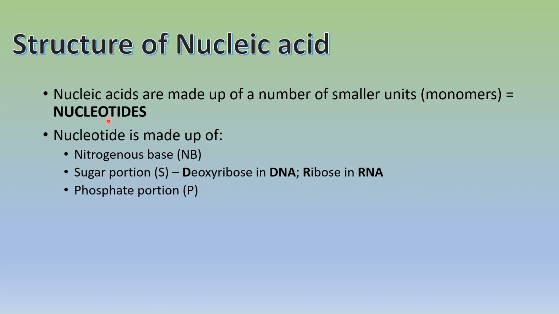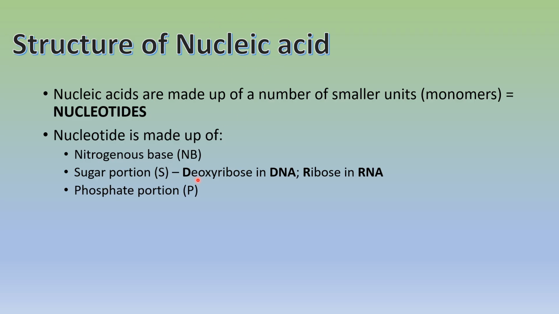Now, what is a nucleotide made up of? A nucleotide is made up of a nitrogenous base, a sugar portion, and a phosphate ion. Depending on whether it is DNA or RNA, the sugar portion would be different. Remember, DNA and RNA are examples of nucleic acid.